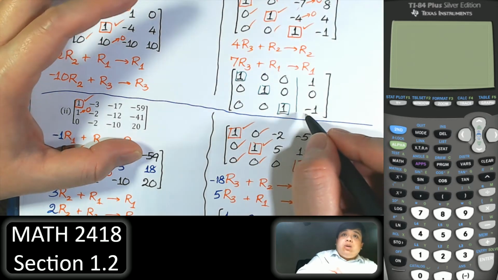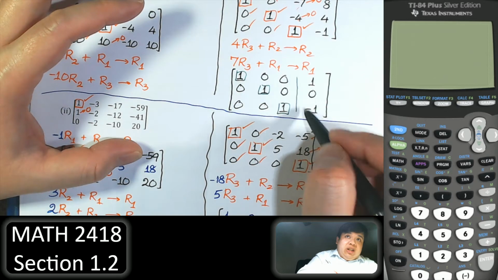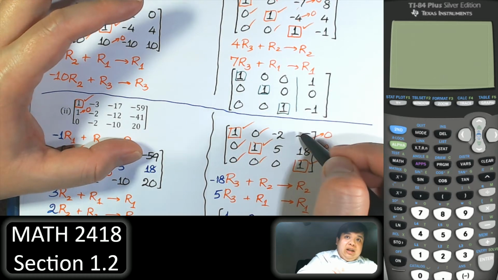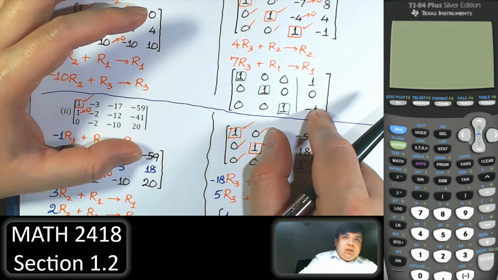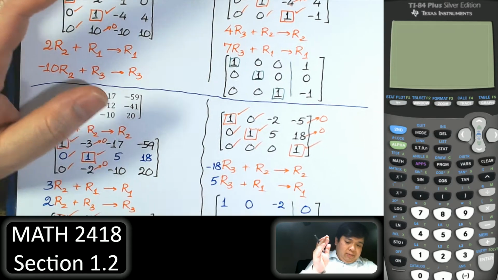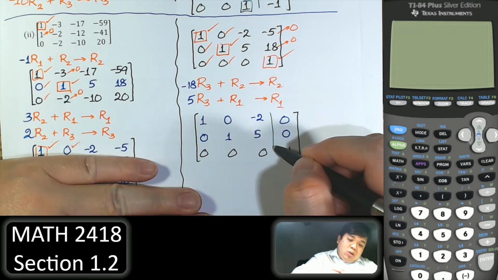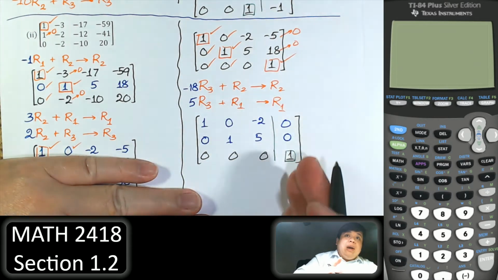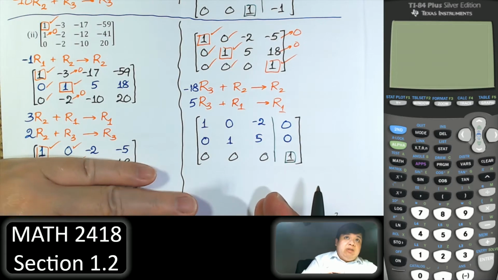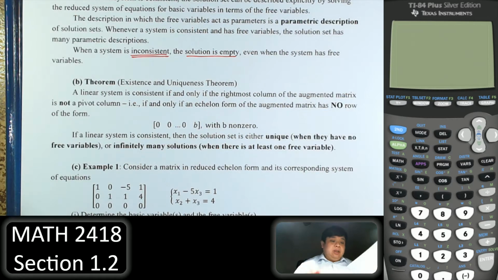The rightmost column is not a pivot column, so this is consistent. This one has a solution, infinitely many or one, but it has a solution. On this one, this is the pivot. The rightmost column is the pivot column. In that case, no solution.